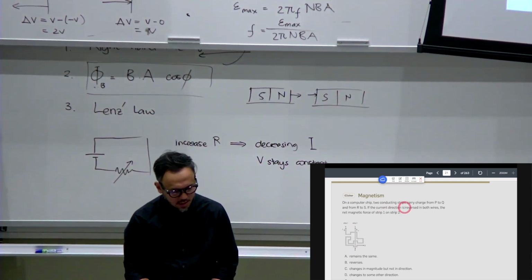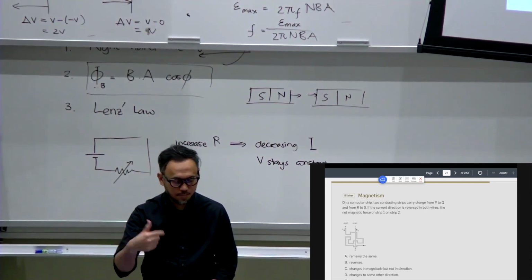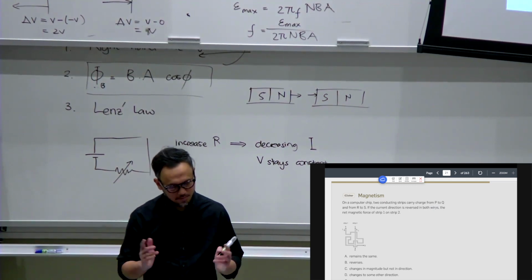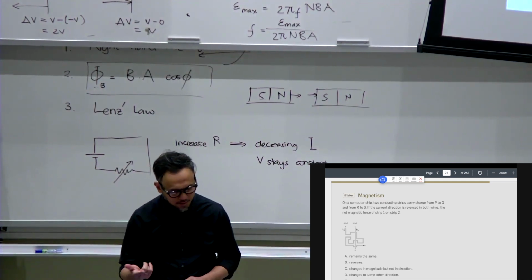So basically here, because you reverse the direction of the currents, then you flip the direction of the magnetic fields. Since you reverse the direction of the current, the direction of the magnetic field due to the current in wire 1 or 2 also reverses.